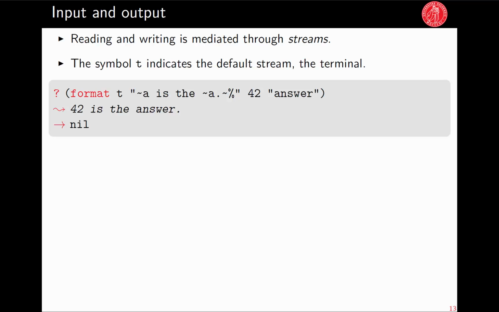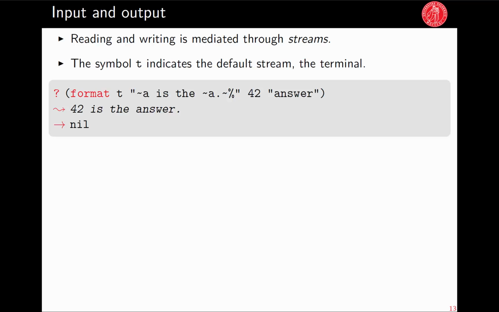We do that using streams, and format is what we use for printing things. The first argument here is the stream, but if it just says T, then that indicates the default stream, typically the terminal.